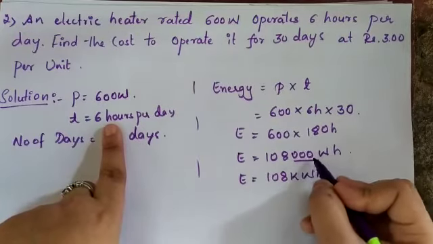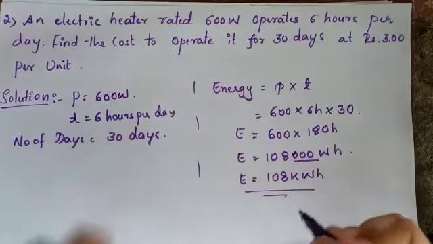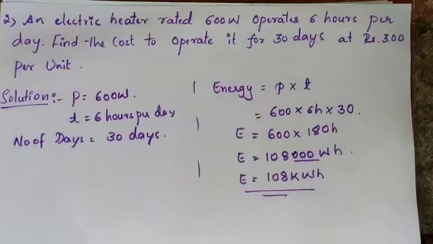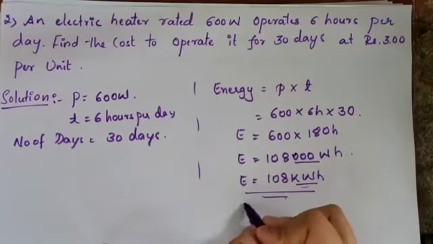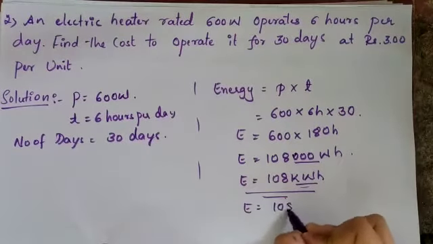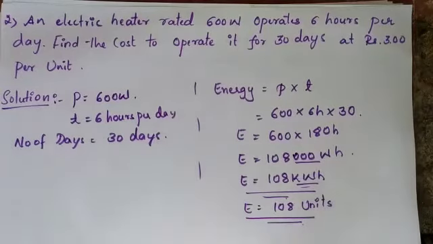These 3 zeros I'll substitute as kilo. So energy I'll get as 108 kilowatt hour. Now 1 kilowatt hour is nothing but 1 unit. So I can write E is equal to 108 units.